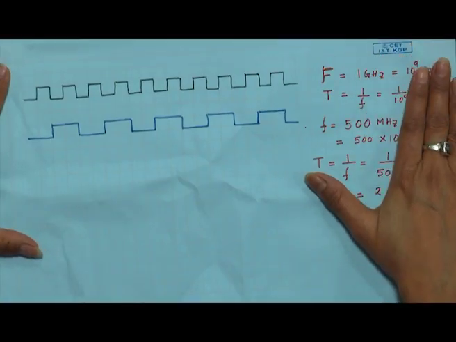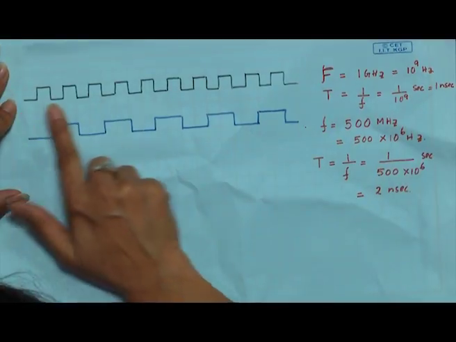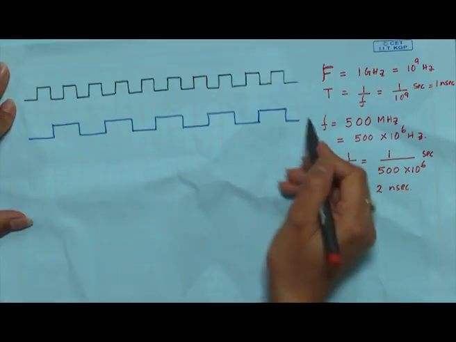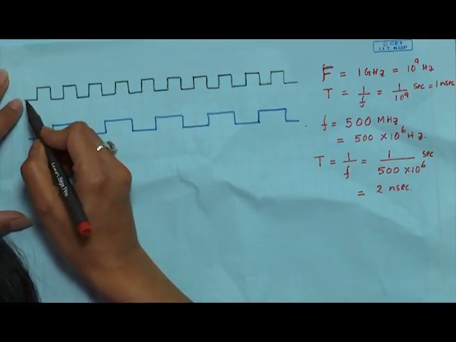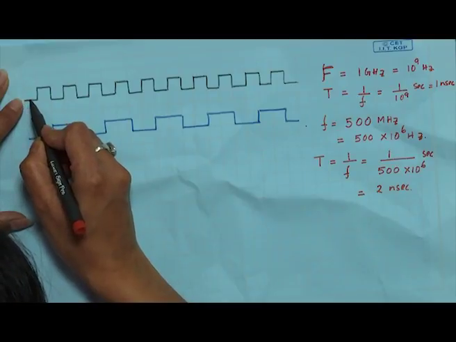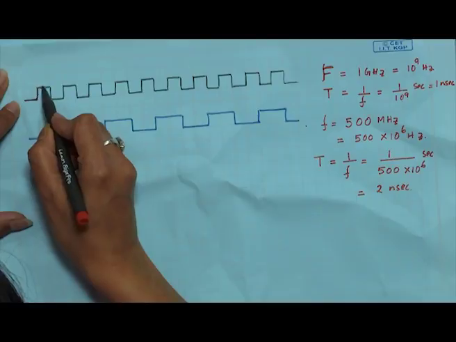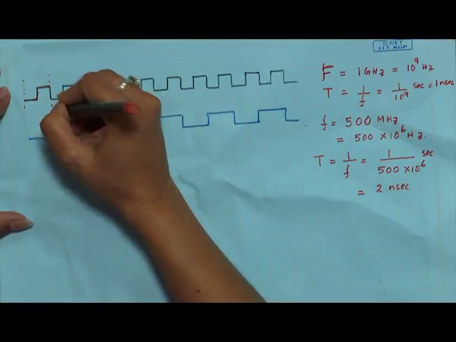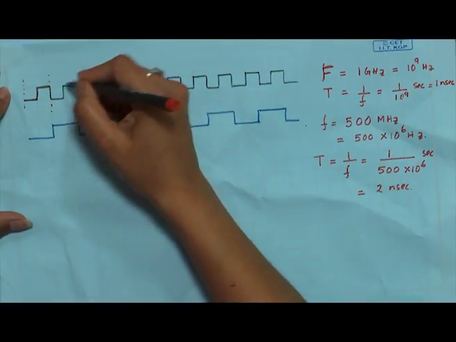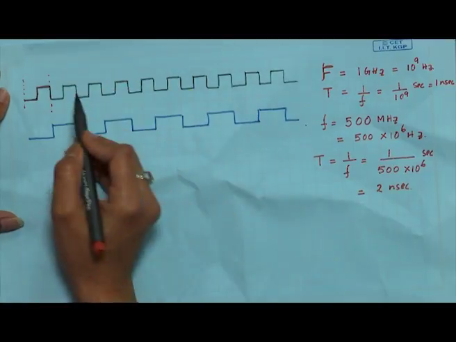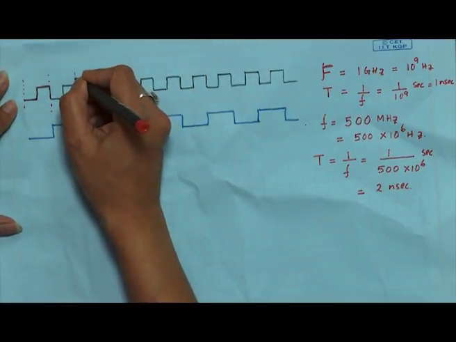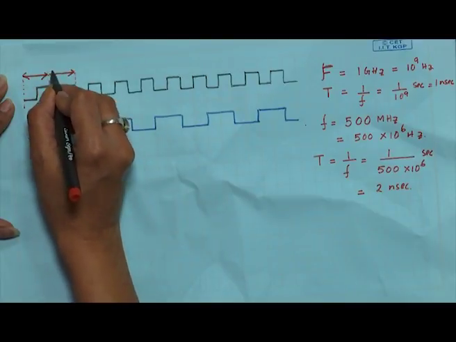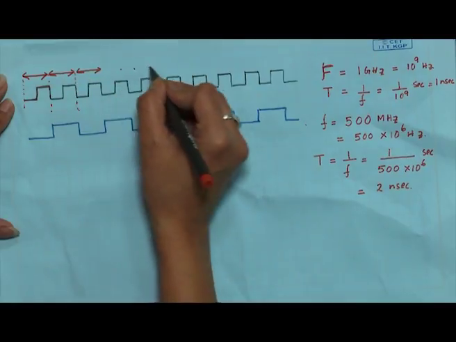Look at this. So, this is also a clock and this also a clock. Let us say in this clock, this is the off period, this is the on period, and this whole is one period. This is the off period, this is the on period. So, this is another period. So, this is one period, this is another period, this is another period, and so on.